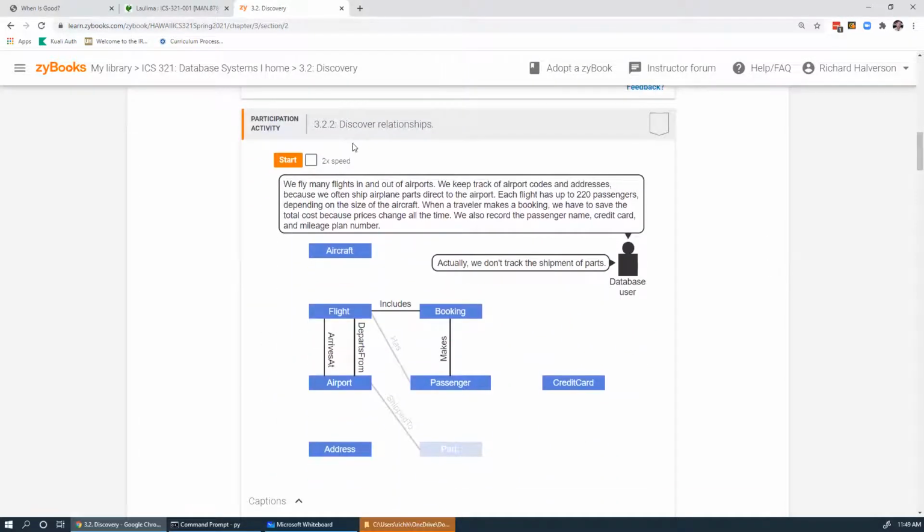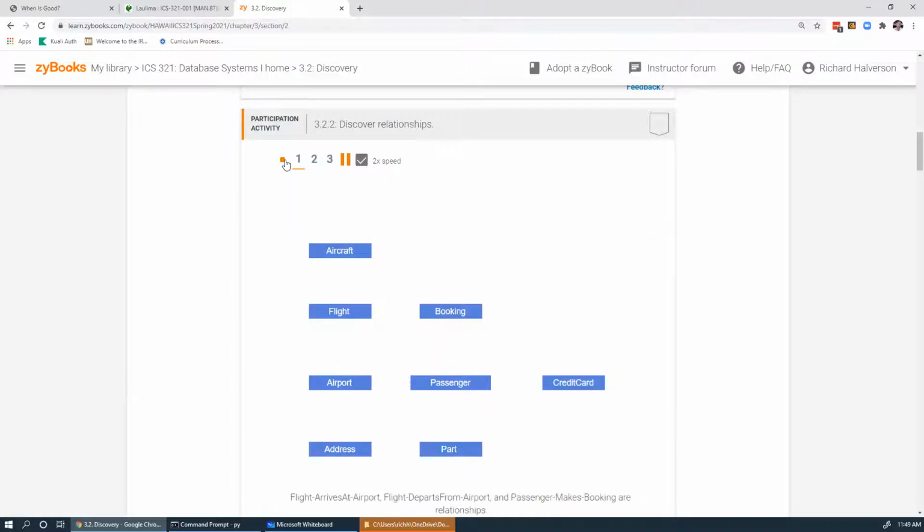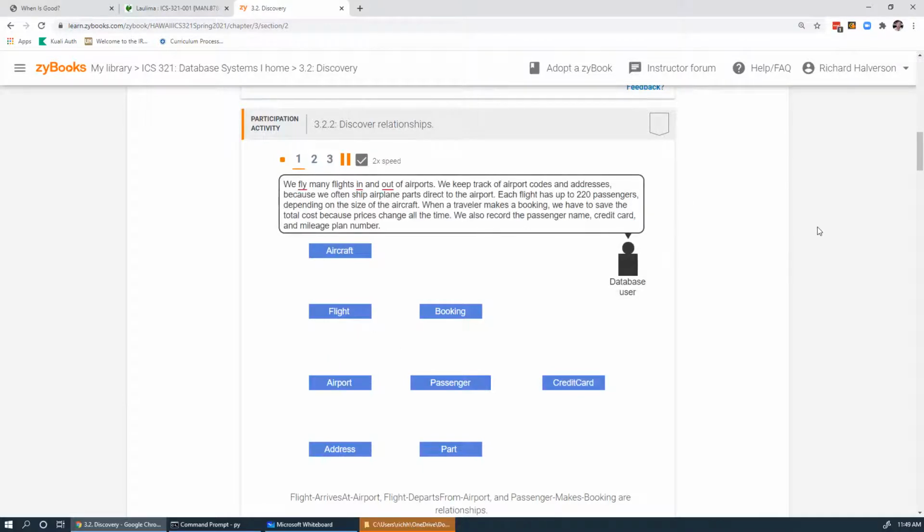Okay, the next is discovering the relationships. We fly many. Okay, so let's see how this works. We arrive at an airport, departs from an airport. A passenger makes a booking. So it should be arrows, not arrows. A flight has a passenger.